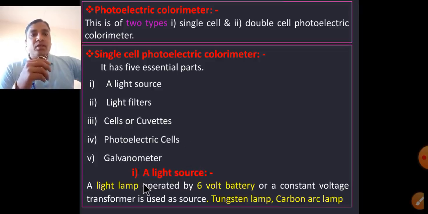First point is the light source. A lamp operated by a 6-volt battery or constant voltage transformer is used as a source. Most commonly a tungsten lamp or carbon arc lamp is used as the light source in the colorimeter.